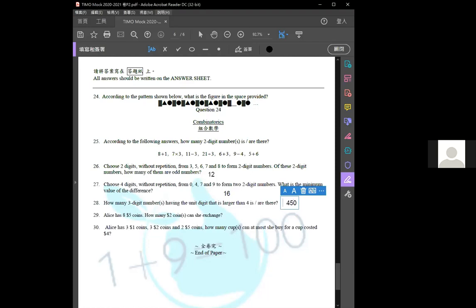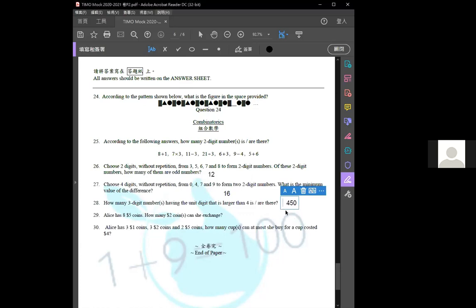In this case, 0 is not okay. 1 is not okay, 2 is not okay, 3 is not okay, 4 is not okay. So we need to start at 5. No matter what the other digits are, even if it's like 105, it will still work. So you understand that the unit digit should be 5, 6, 7, 8, 9. So there are 5 choices for your unit digit.